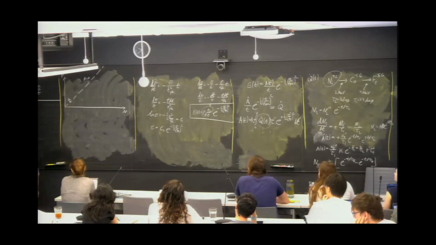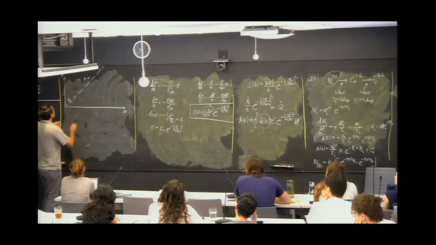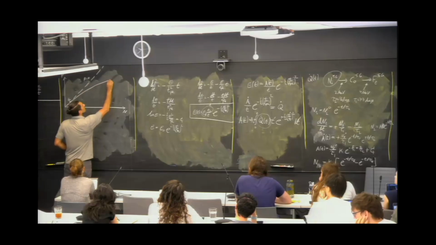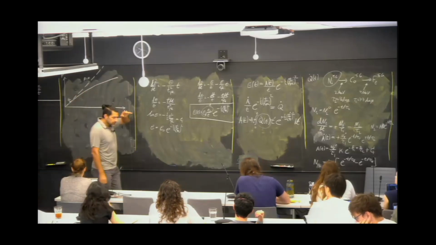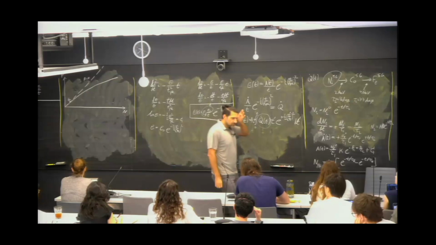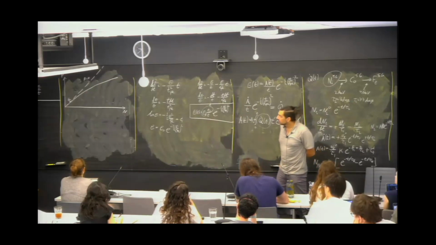Close to the line. Close to the line for low N and P. It goes like this. And as you go higher and higher, you deviate from this line. Why is that the case? What is the structure of this periodic table that we have?